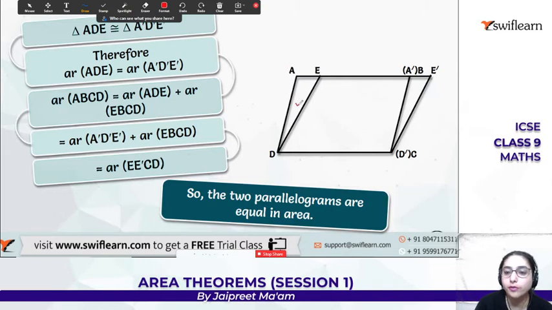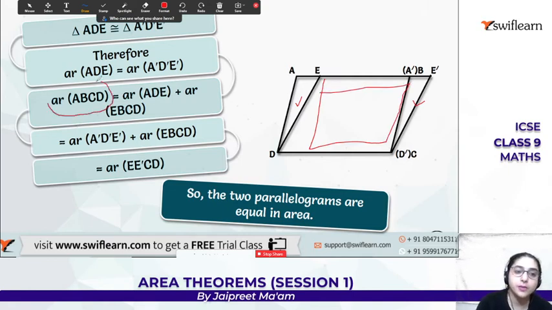How have we found this? We have found that the two triangles are congruent. That means their areas should be equal. If their areas are equal, that means the area of the triangle plus the area of this figure will be equal to the area of our first parallelogram ABCD, and again the area of E'CD is equal to the area of A'D'E'.